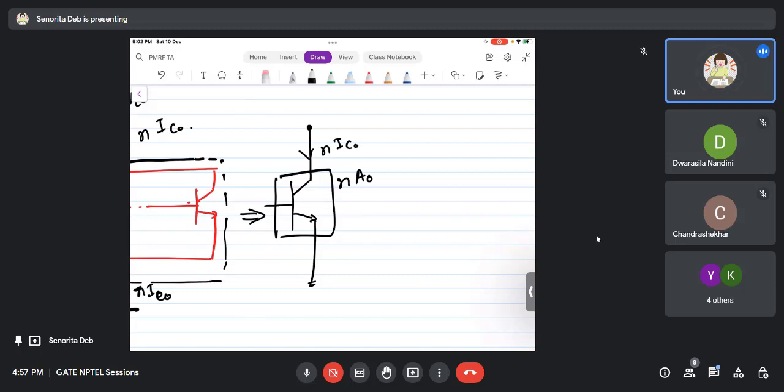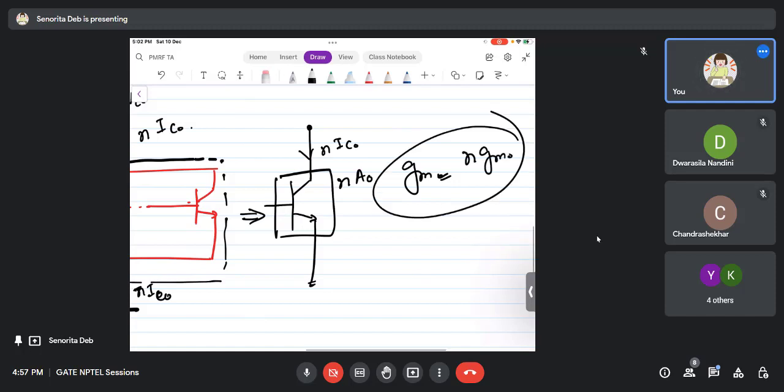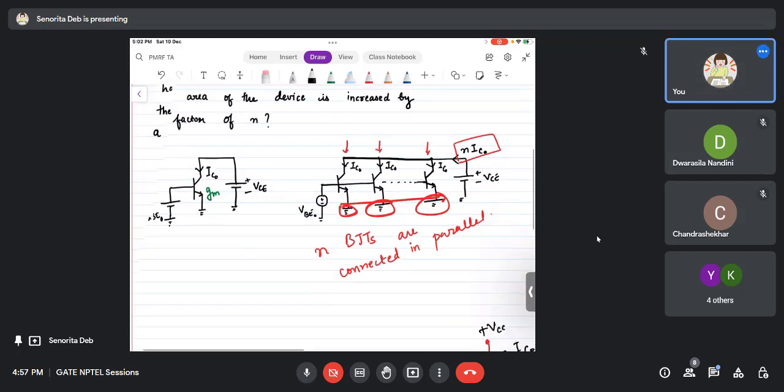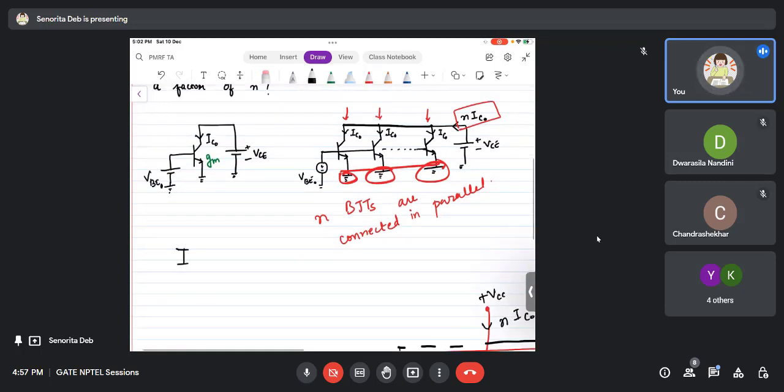So GM becomes n times GM0. The question was, how will the transconductance increase? Since transconductance GM is IC upon VT, and IC is increased to n times the IC of one BJT, therefore this is n times GM0.